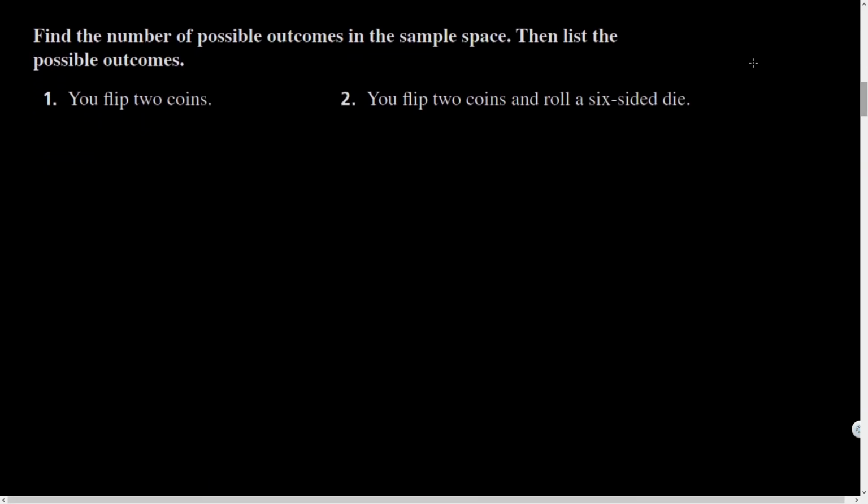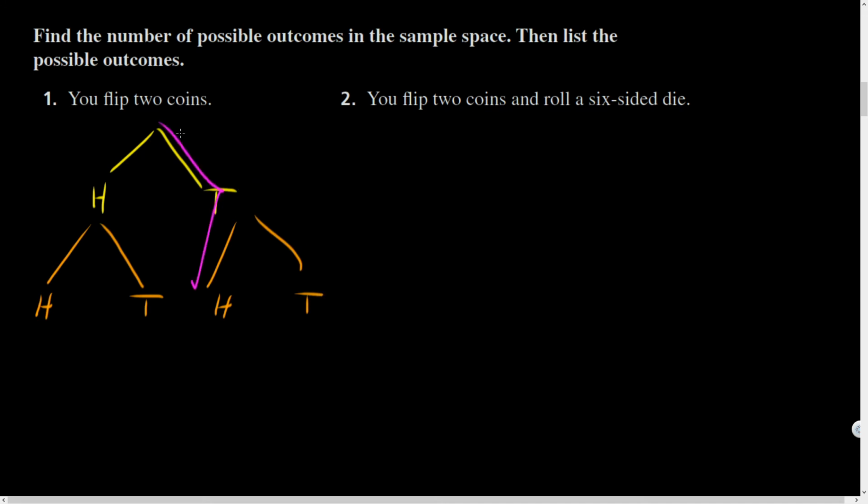If I flip 2 coins, coin 1 would be heads or tails, and then coin 2 would be heads or tails. There are 4 possible ways this scenario could have played out, right? I could have had tails and then heads. I could have had tails and then tails.